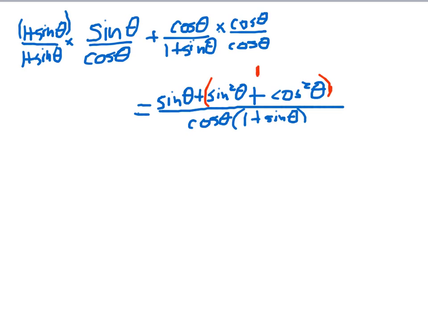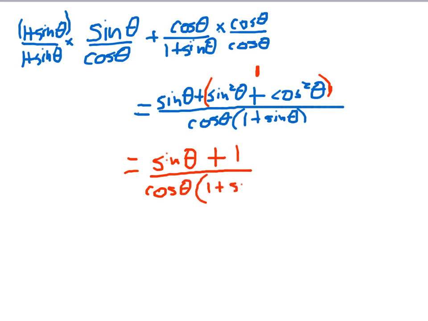And so this is equal to 1 right here. So if I rewrite this, I can rewrite it as the sine of theta plus 1, replacing the sine squared plus cosine squared with the 1, over cosine theta times 1 plus sine theta.